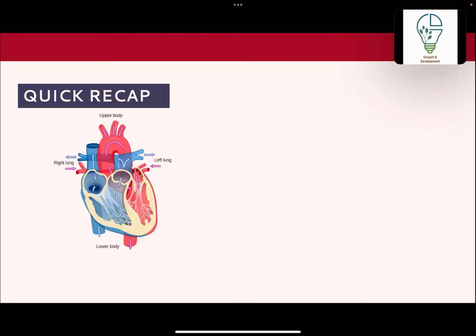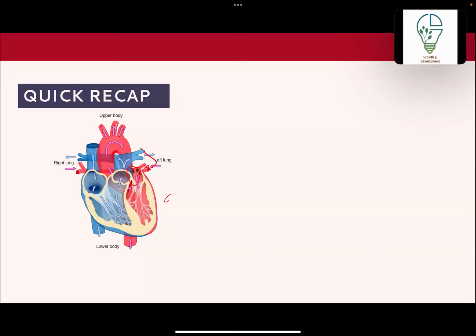So first of all, starting off with the heart and how the blood flow goes through it. So it all starts with basically the lungs. In the lungs, the main function of the lungs is to oxygenate the blood, which basically means adding oxygen to the blood. And then the blood comes back from the lungs into the pulmonary veins, into the left atrium.